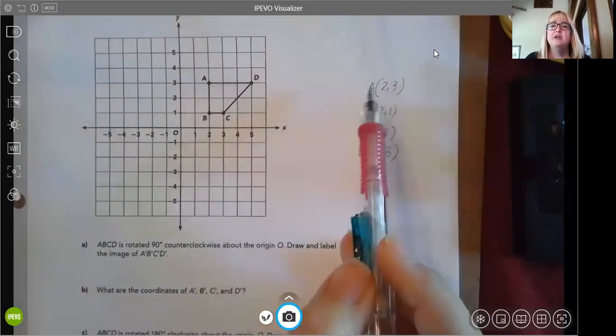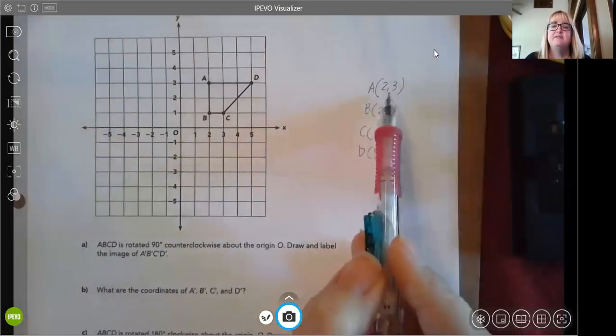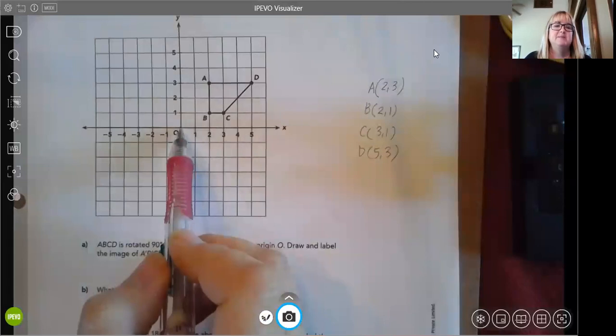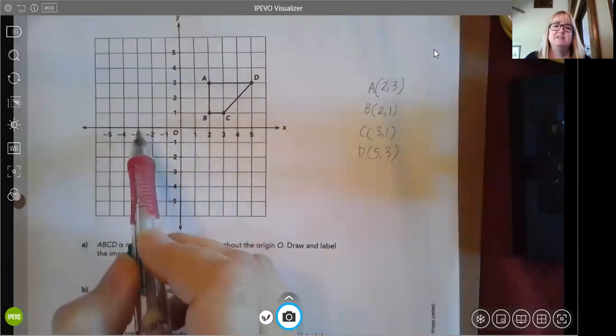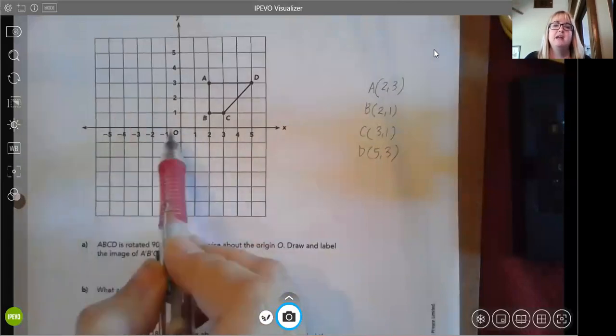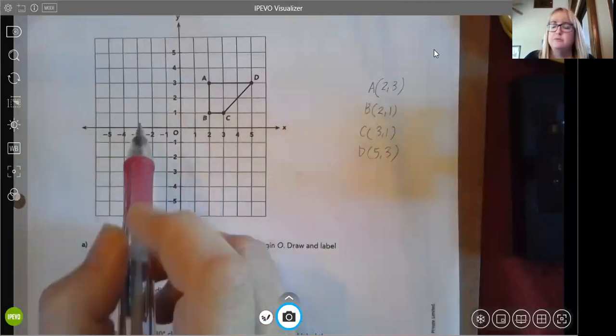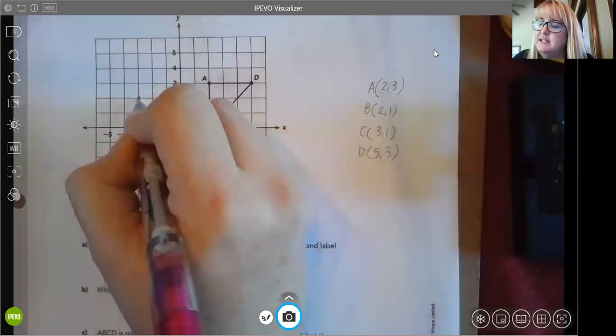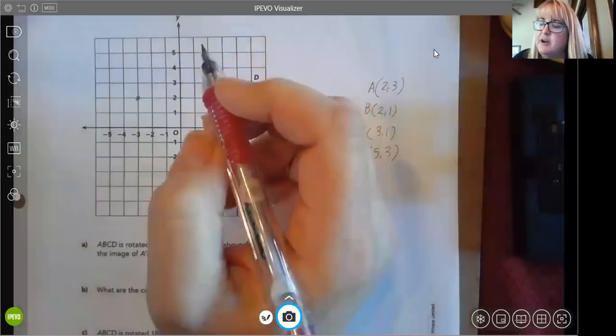So A originally was (2, 3). I've got to flip it. Now I'm going to go over 3 and up 2. I'm going to go over 3, but it's going to be on the negative side because I need to be in this quadrant. So I'm going to go back 3, and then I'm going to go up 2. Back 3, up 2. And this is A prime.